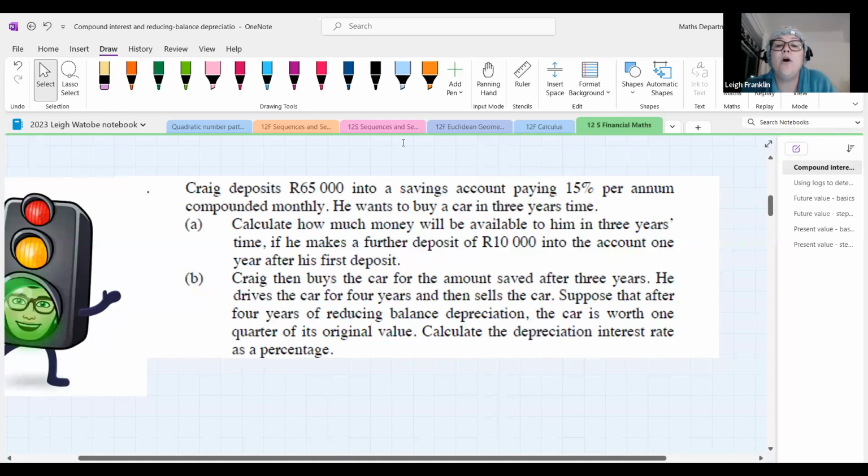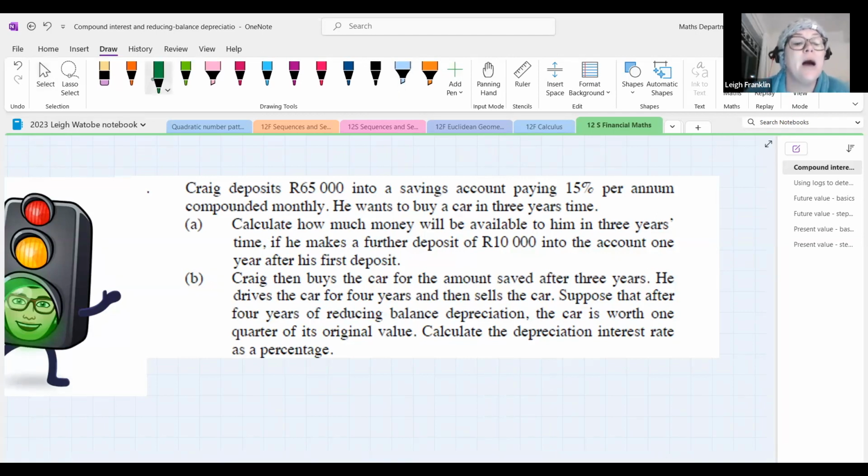So what they are implying here is that we need to set up some kind of timeline. The first thing that we want to work out is how many years this is going on for. He wants to buy the car in 3 years' time.